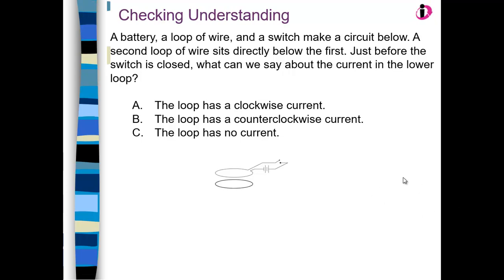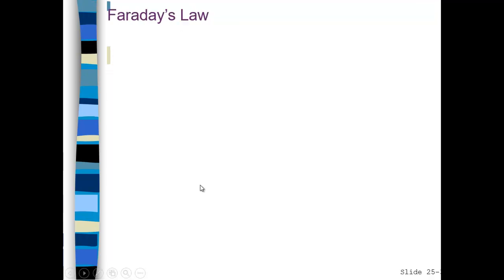In order to get current in this loop, you have to close the switch. So before the switch is closed, there would be no current in this loop. It would not exert a magnetic field on the second loop. The second loop would not have an opposing magnetic field. And so because of this, there would be no current in the lower loop. So C would be the answer.